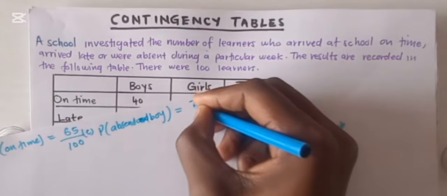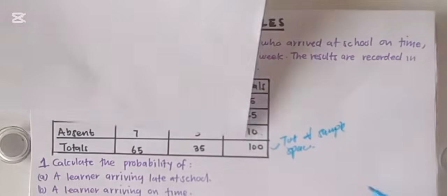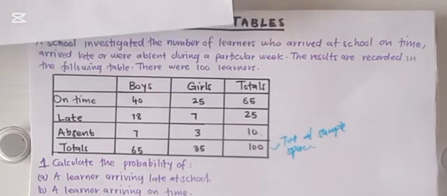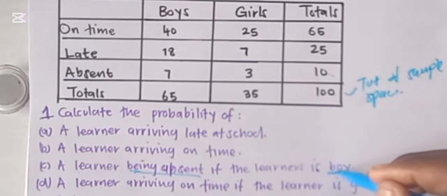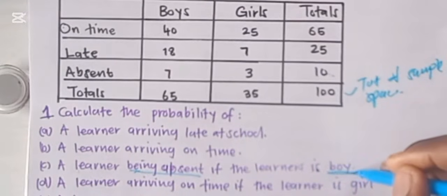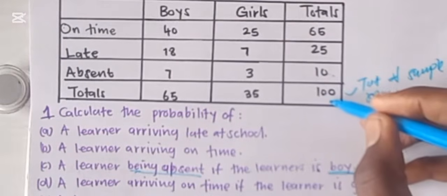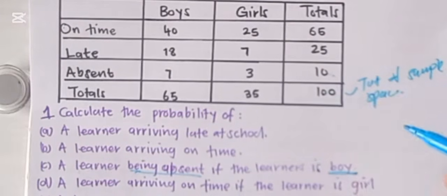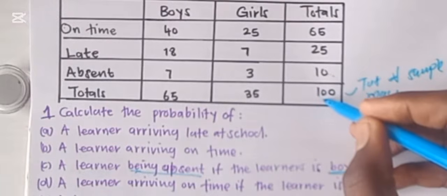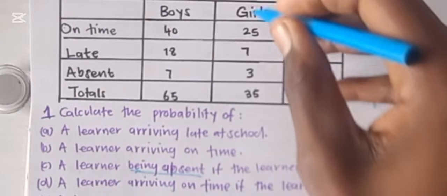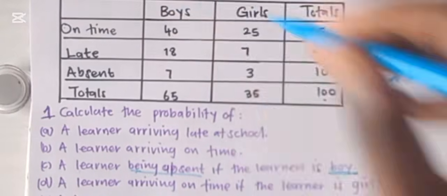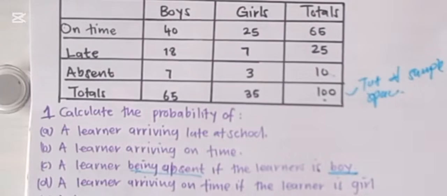It's going to be 7 divided by what? On this one, I want you to pay attention. Whenever they specify a boy, we're not going to use this number as the total number of the sample space. Why? Because the number that is here covers the girls and the boys, and here we want specifically boys only.